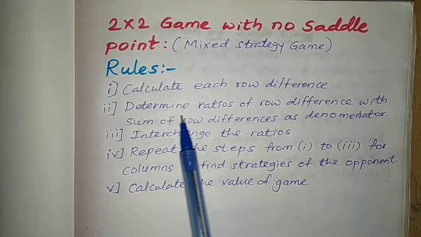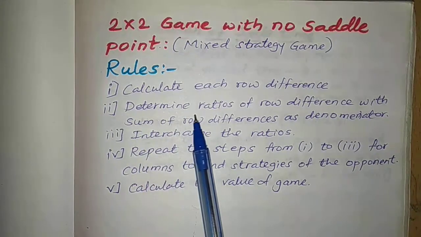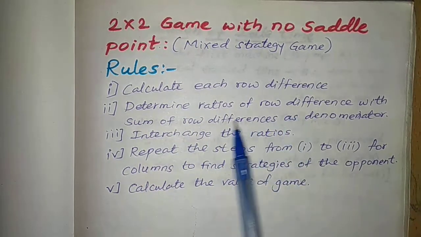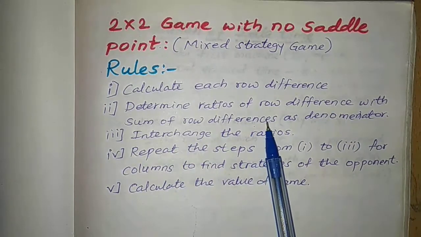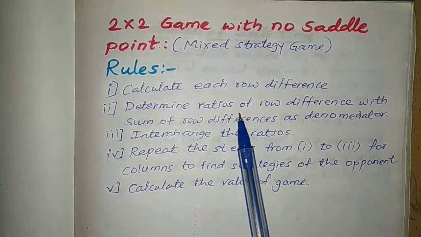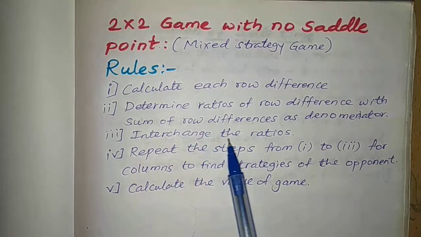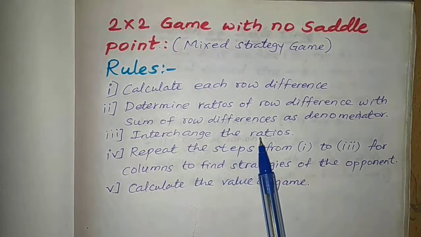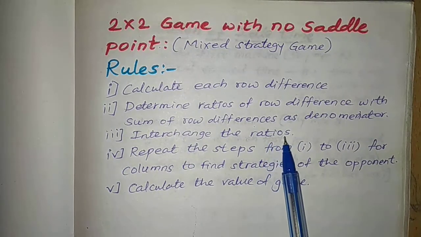Then we have to determine the ratio. That ratio is nothing but the row difference upon the sum of row differences as denominator. Once we get the ratios, we interchange the ratios for both the rows so that we get the values of x and 1 minus x.